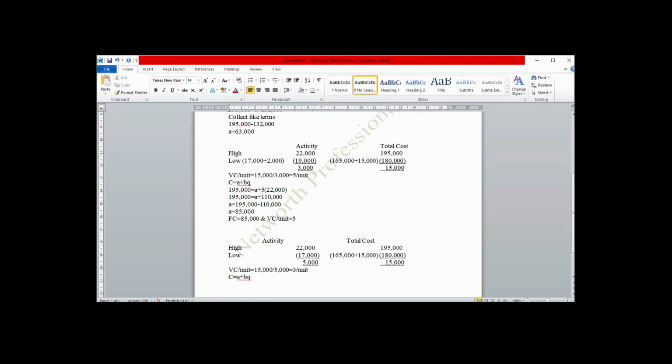What is our C? 195,000 equals A plus, what is our B? 3 naira per unit, into bracket 22,000. What do we have? 66,000. So 195,000 equals A plus 66,000.